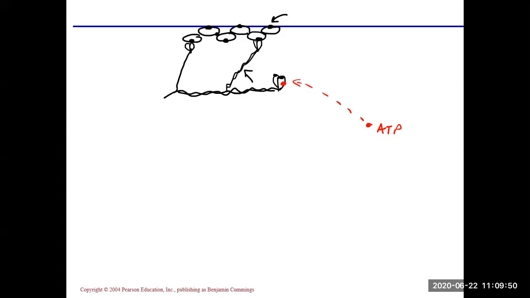Another area on the myosin that can move is this part right here, the neck area, right before the head area. A little bit later on it is going to move into this position, and this actin is going to go this way.